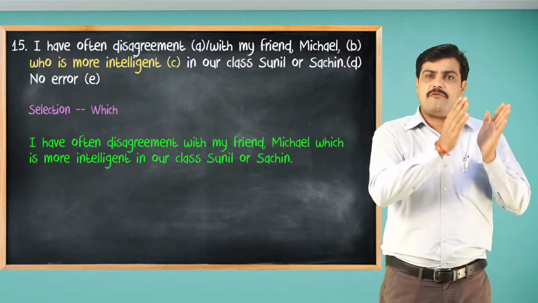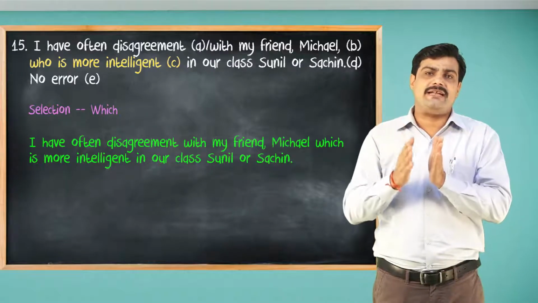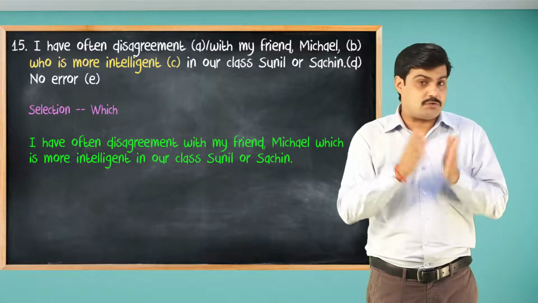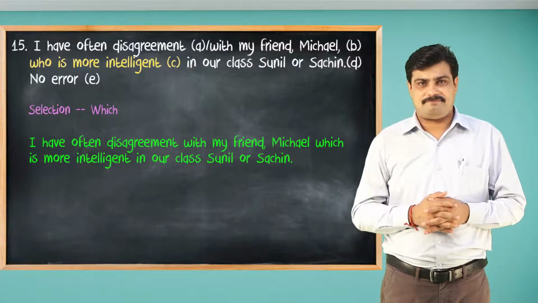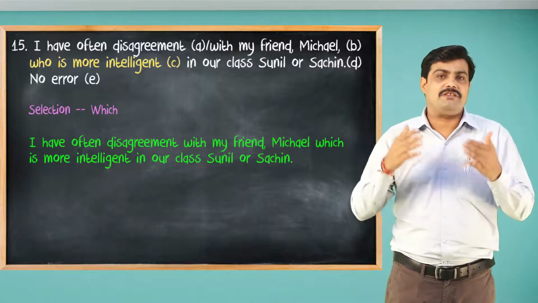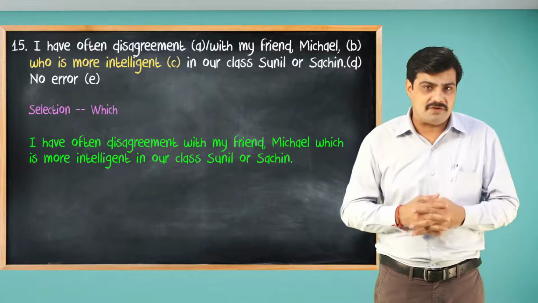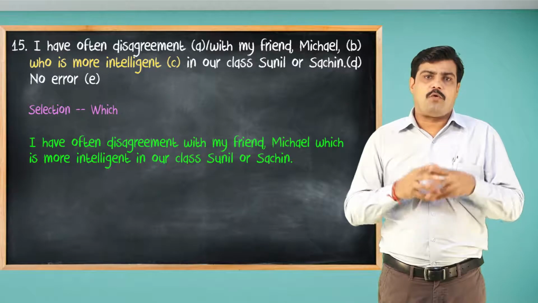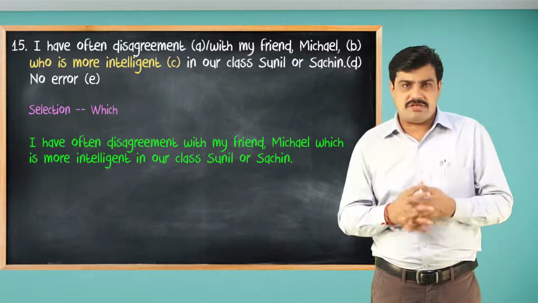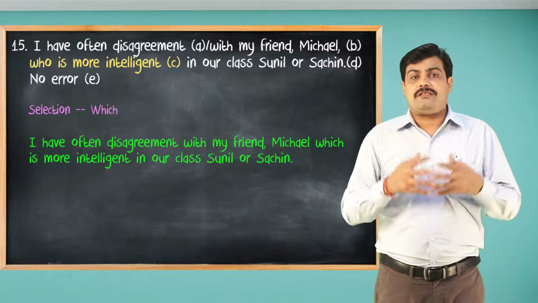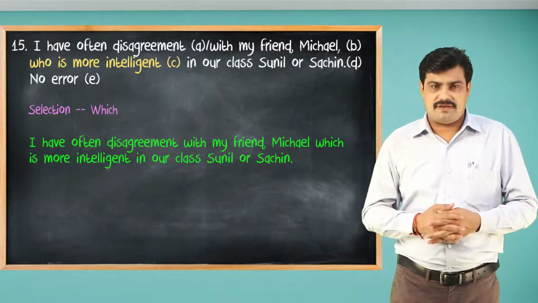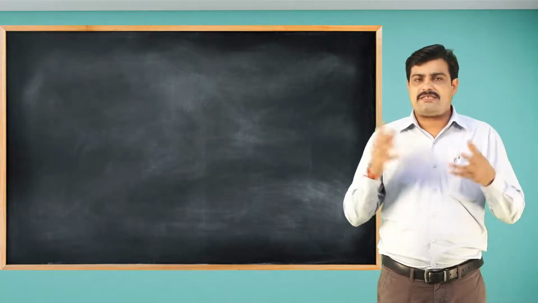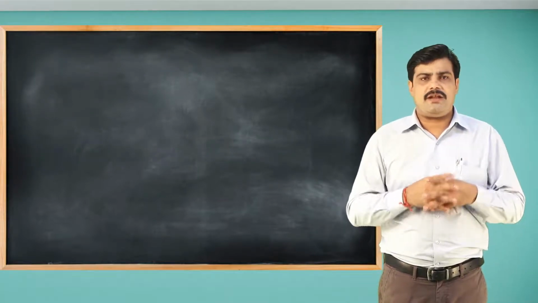So it is right to say which is more intelligent in our class, Sunil or Sachin. We generally say which girl in our class is more beautiful, Emma or Susan. Likewise, which is your favorite teacher? Which is your favorite book? Let us take another sentence.